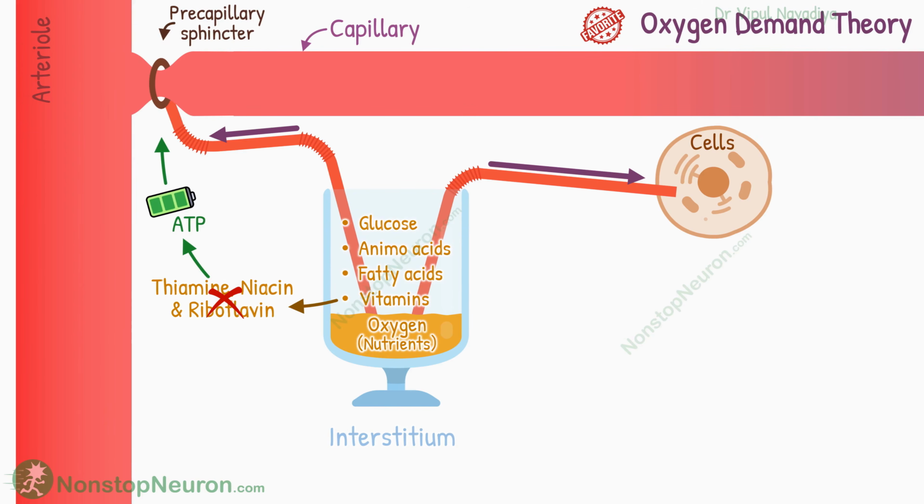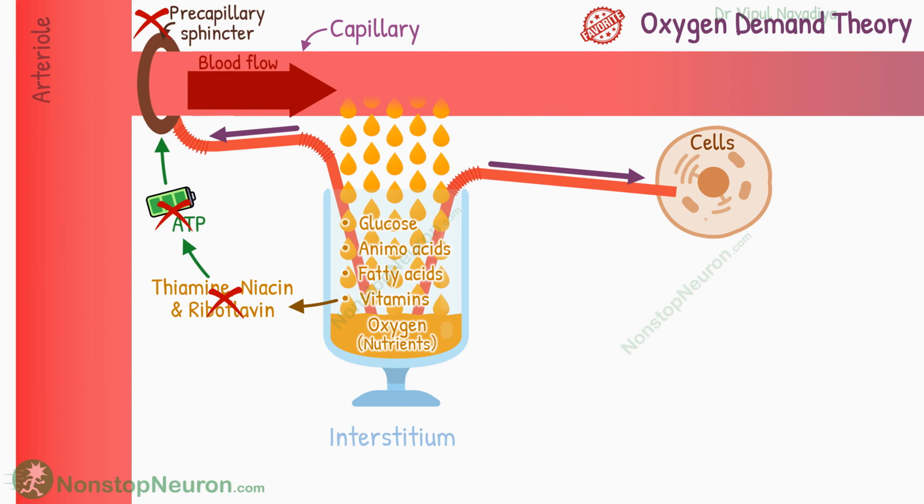In the absence of these vitamins, ATPs are not produced. Without ATPs, the muscles cannot contract, so their relaxation increases blood flow. Thus, other nutrients are also involved in this mechanism. So it's more accurate to call this mechanism nutrient demand theory, rather than oxygen demand theory. But whatever we call it, this was the mechanism.